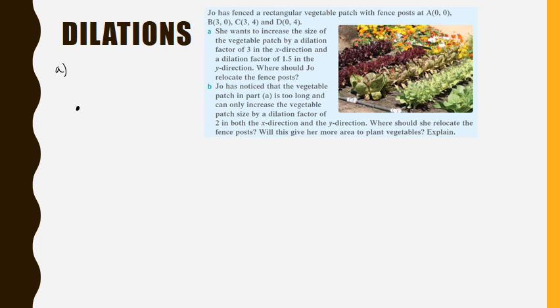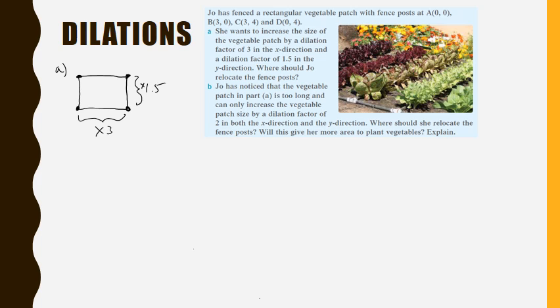So you have (0, 0), (3, 0), (3, 4), and (0, 4). So she wants to increase the dilation by a factor of 3 in the x direction. So we have to times that direction by 3, and then that direction by 1.5.